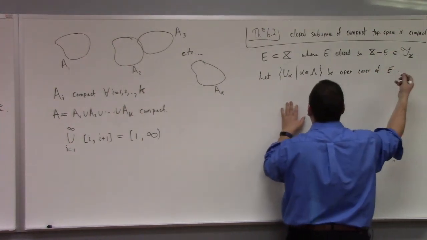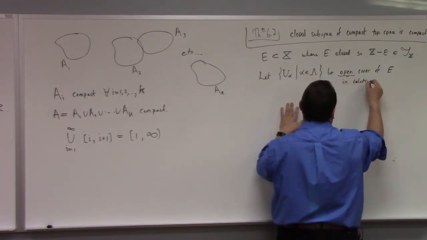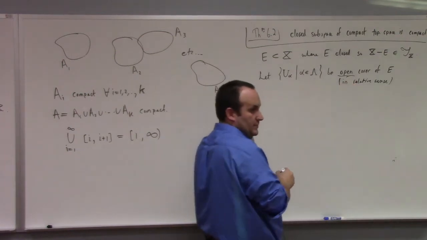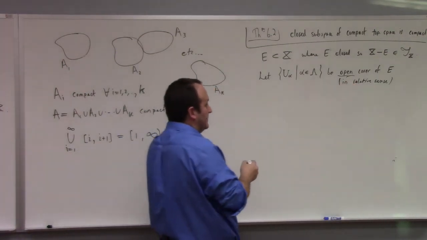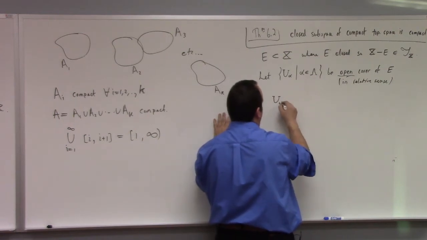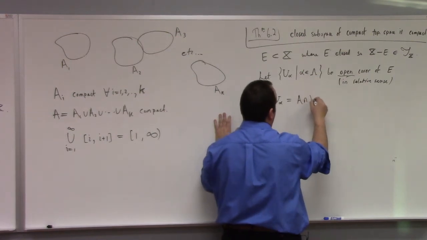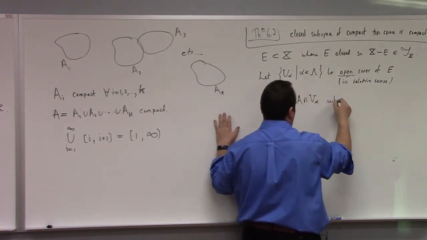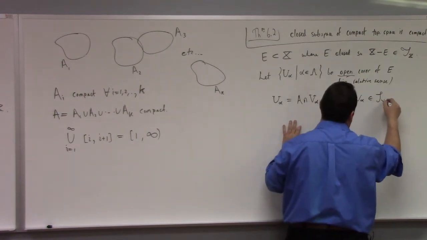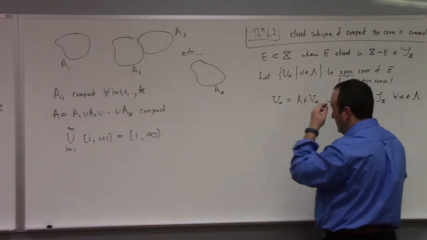In the relative sense, of course. So that means that this actually has what form? E intersect V alpha, where V alpha is in the topology for X, for all alpha in the index set lambda.